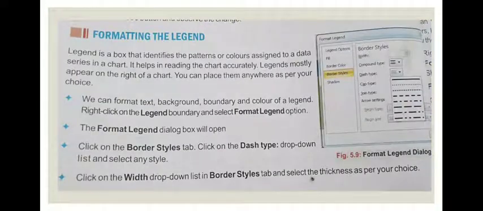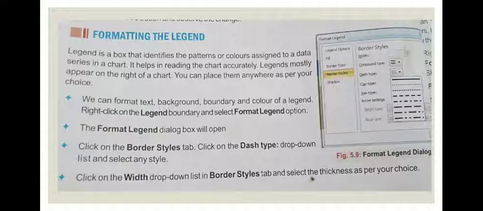Then the next point is formatting the legend. How can we format the legend? A legend is a box that identifies the patterns or colors assigned to a data series in a chart.